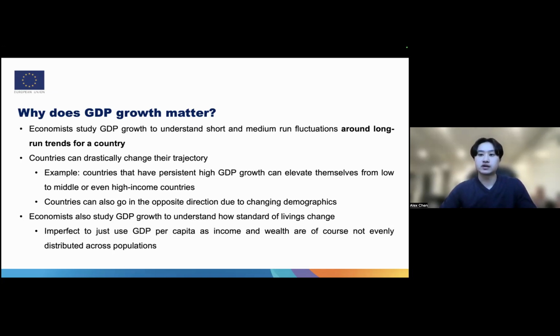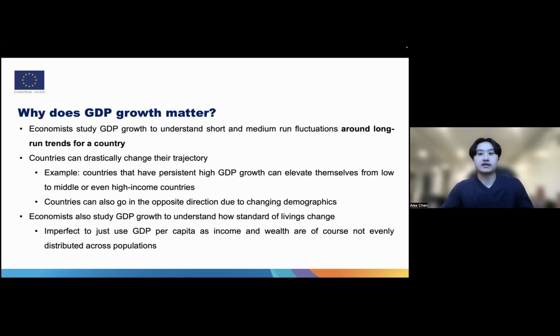And economists also study GDP growth to understand how standards of living change. So it's not always just pure economic terms. It's like, overall, how are people doing? The assumption there is that if you have more and can consume more, the standard of living is going up. But one thing that's obviously not perfect about that is how it's measured. GDP per capita is just taking GDP and dividing by the population, assuming everything is evenly spread.